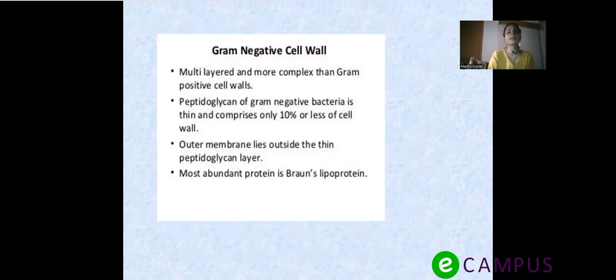The gram negative cell wall is multi-layered and more complex than the gram positive cell wall, because there are more layers in the cell wall of gram negative bacteria. The peptidoglycan of gram negative bacteria is thin and comprises only 10% or less of the cell wall. The outer membrane lies outside the thin peptidoglycan layer.